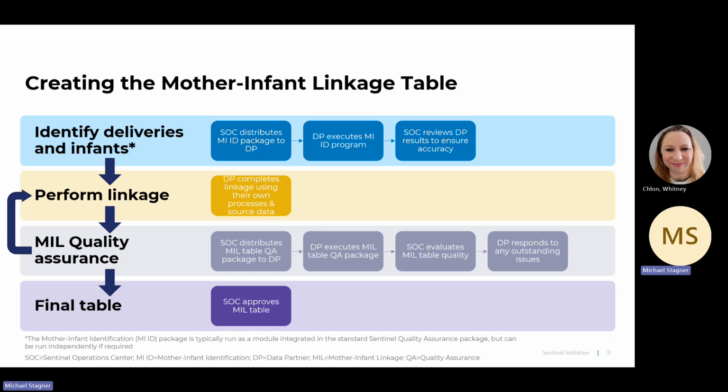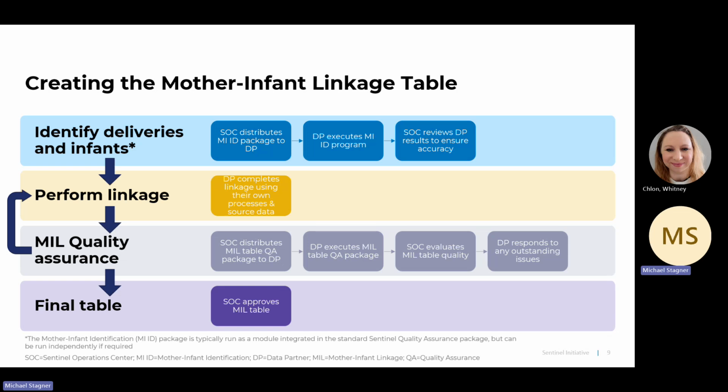So for creating the mother-infant linkage table within the Sentinel Common Data Model, the first step after transforming the initial core tables is to identify deliveries and infants. So identifying the population of mothers and children that can be linked together for this table. Then performing the actual linkage.